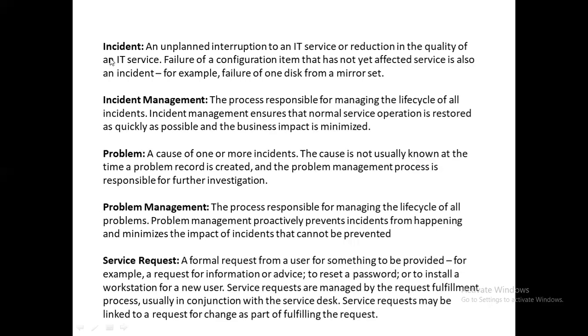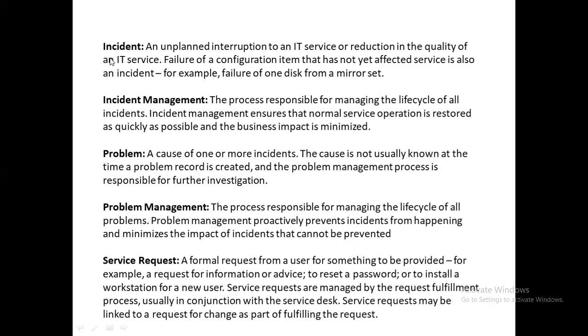Or reduction in the quality of an IT service, which means, for example, you have a primary and a secondary failover in the backend, and your primary has failed over and the secondary has taken over. In that case, you might see some reduction in quality because of performance issues, because one server may not be able to cope.